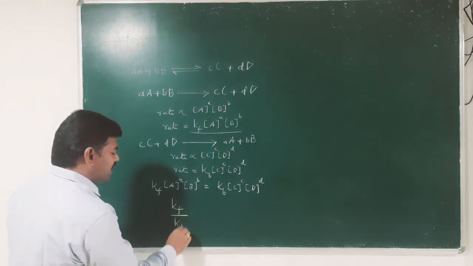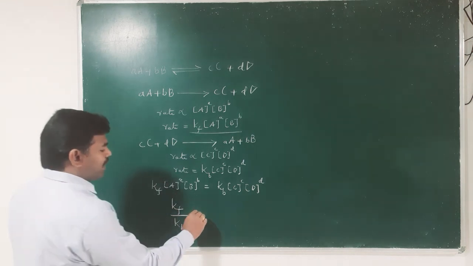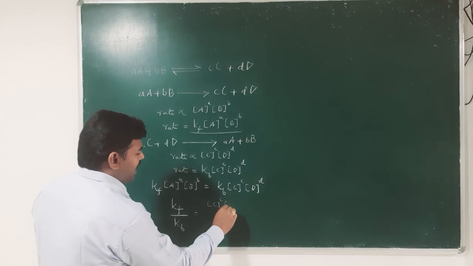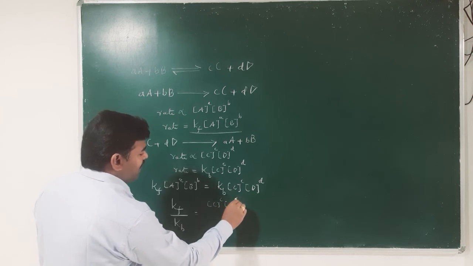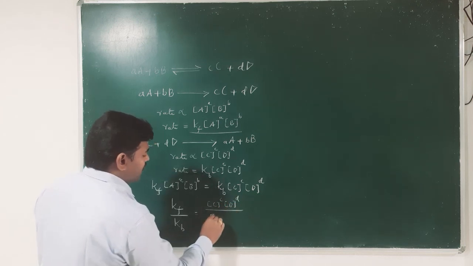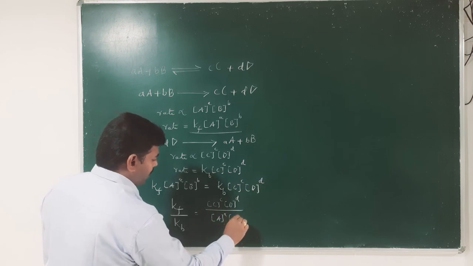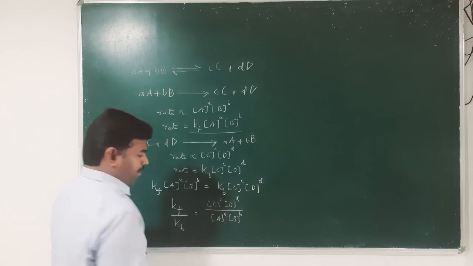Let us take the ratio Kf/Kb, then [C]^c [D]^d divided by [A]^a [B]^b.